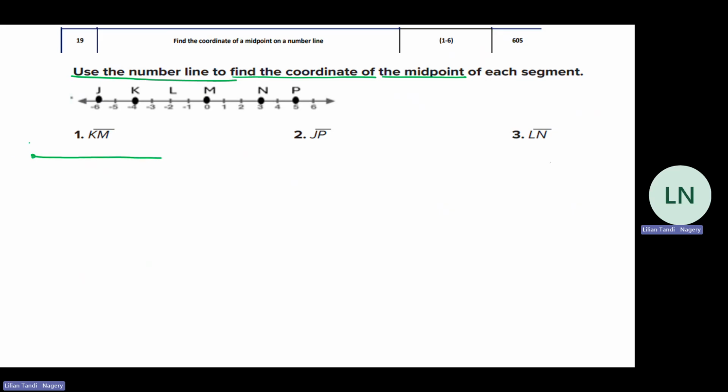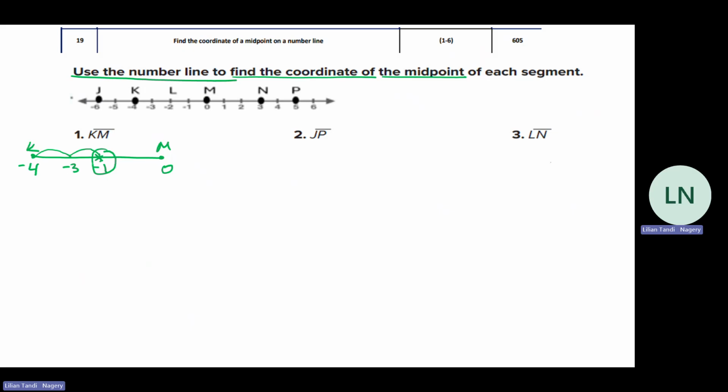So there is a point K at -4, and a point M at 0, and it wants me to find the midpoint. From K to M is 4 spaces, so the midpoint has to be 2 spaces in. I count 1, 2, the midpoint has to be here. What number is this? -3, -1. So the midpoint of -4 and 0 should be -1.